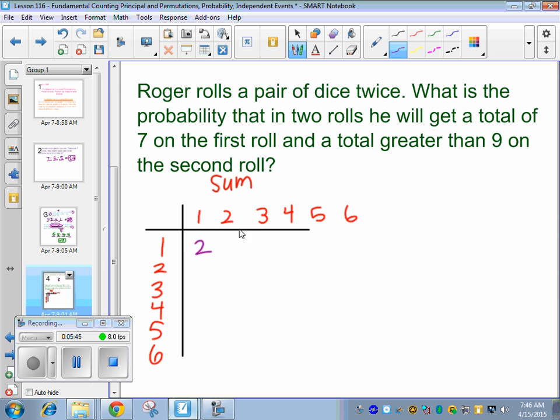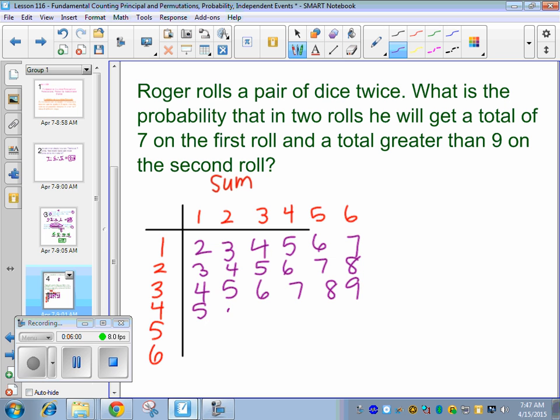If we roll a 1 and a 2, that makes 3, etc. Whenever you're doing sum of dice, make sure you write this out every time. Otherwise, you're going to forget.